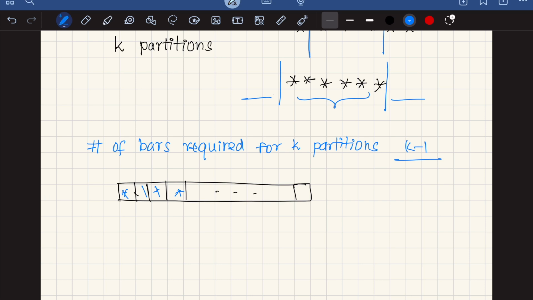So you have n plus k minus 1 spaces, and you want to put n stars into it, or you can also think of it as putting k minus 1 bars into it. Okay, so how many ways can we do that?